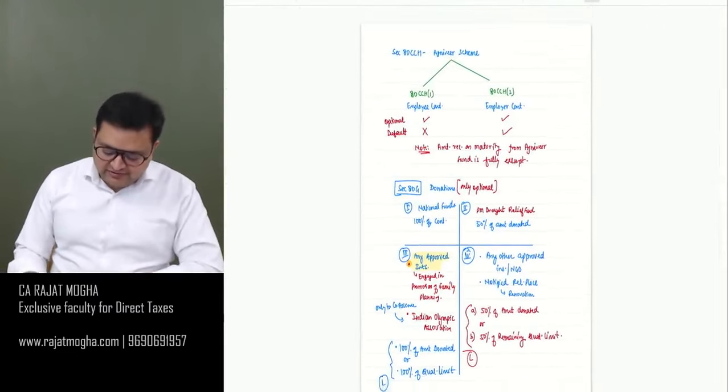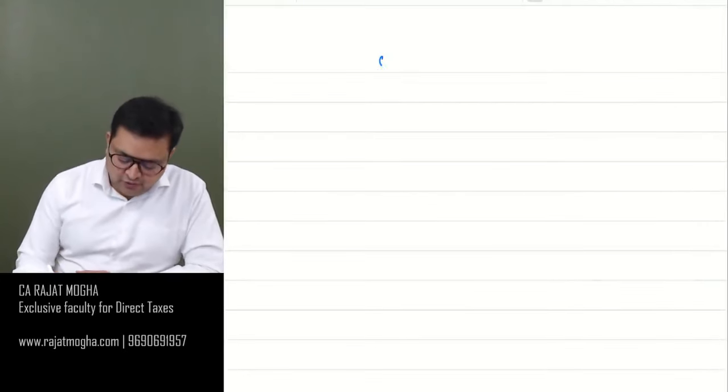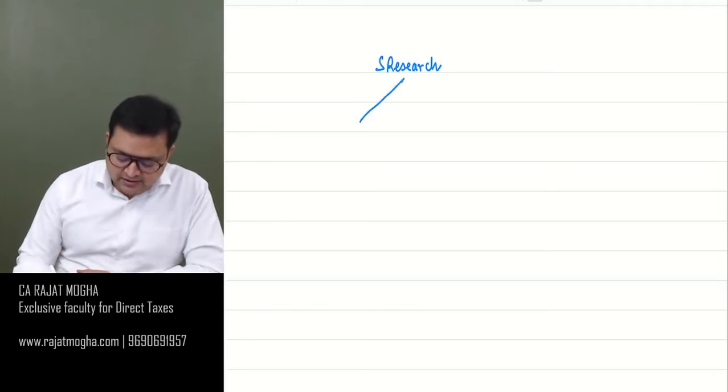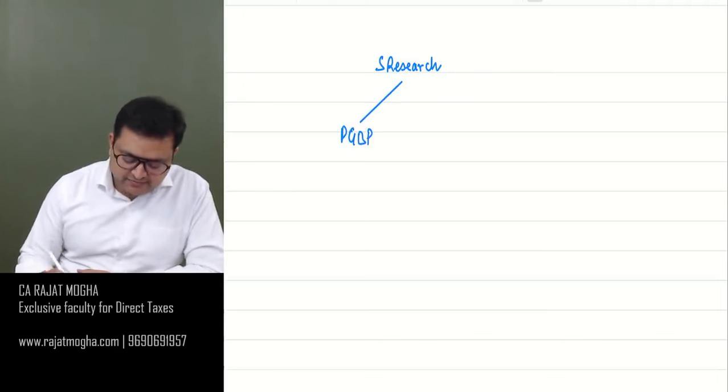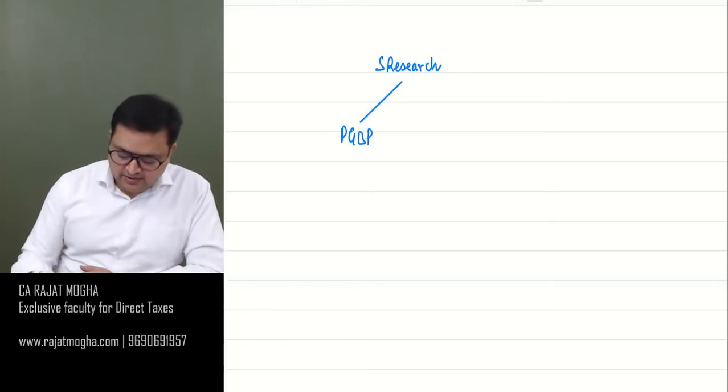Guys, there is one more section, although not very important. You all know scientific research. Whenever you donate for scientific research, people who have PGBP income get a deduction for this donation.